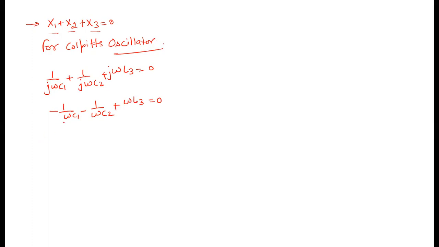Here we can take these two terms to this side. So we have 1 upon omega into 1 upon C1 plus 1 upon C2 minus omega L3 is equal to 0, multiplying by the minus sign. So 1 upon omega into 1 upon C1 plus 1 upon C2 is equal to omega L3.